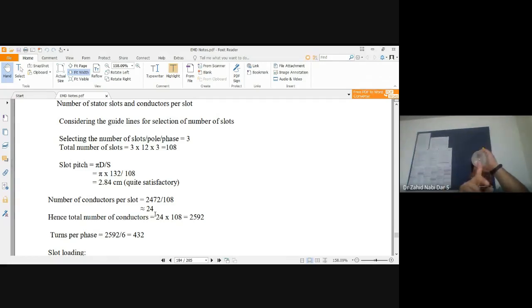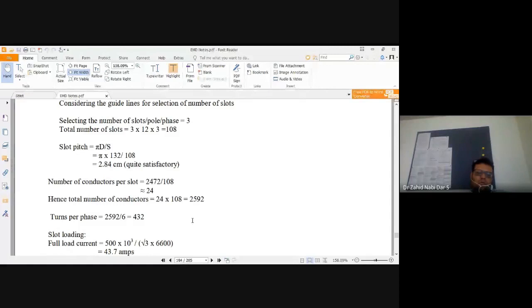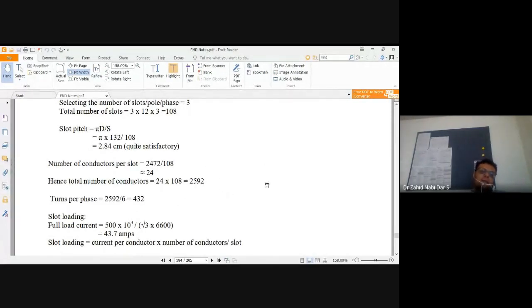So this is 24, another 24, so it would be 24 into 108. This comes around 2592. So this is the total number of conductors, that is my ZSS.